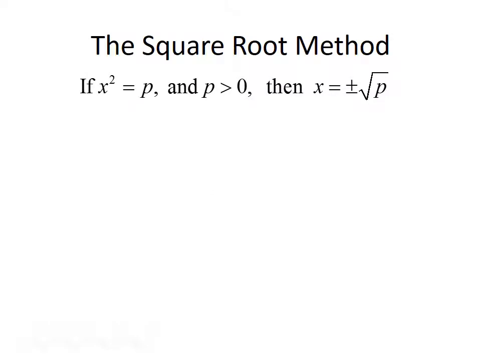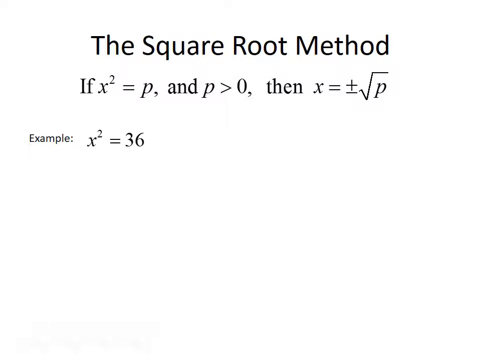Another method for solving certain quadratic equations is the square root method. If x squared is equal to p, and p is a positive number greater than 0, then we know that x is equal to plus or minus the square root of p. Let's do an example where we use the square root method. We're given that x squared equals 36, and we want to solve for x.